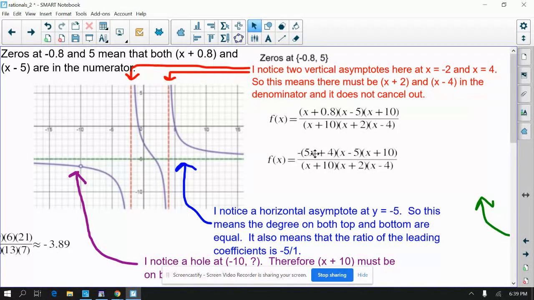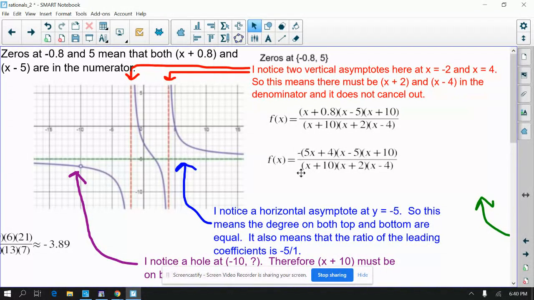So 5x plus 4 is a factor that if you plug in negative 0.8, you would get 0. And then I also slapped on a negative because now when I multiply the top out, my leading coefficient would be negative 5. And in the bottom, my leading coefficient would be positive 1. And now negative 5 divided by 1 equals negative 5.